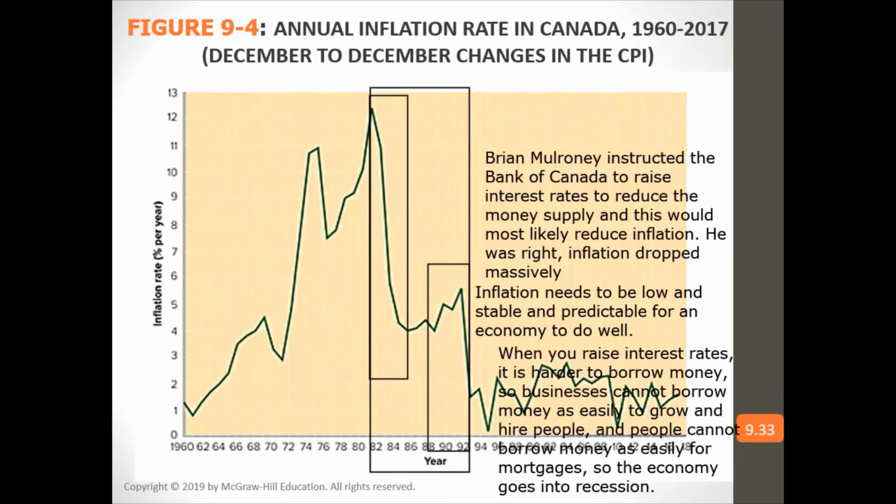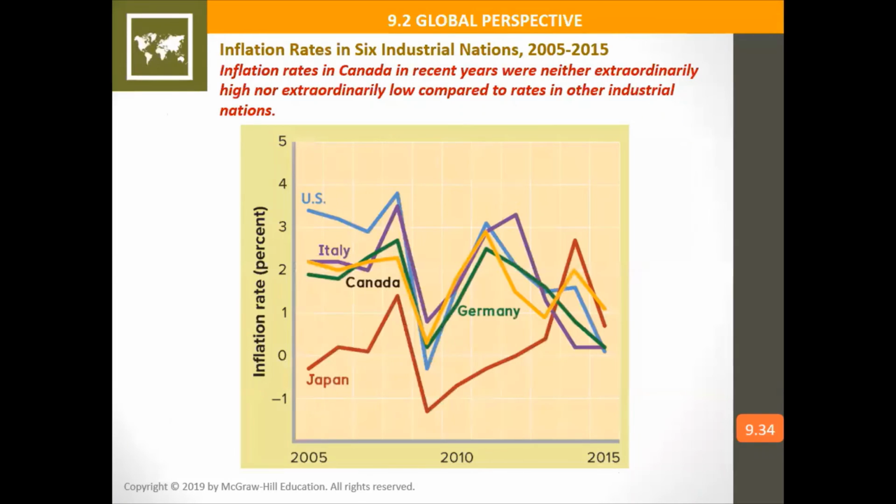Here, inflation rates in these countries, Canada, Italy, Germany, US, are pretty similar. They go up at the same rate because they have a lot of the same economists running their money supply and interest rates.